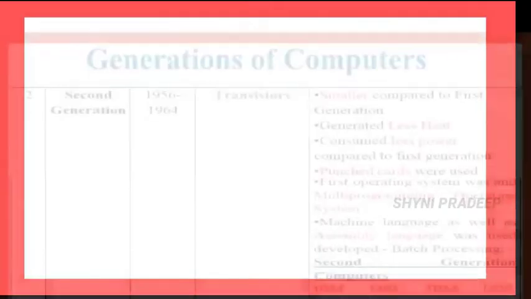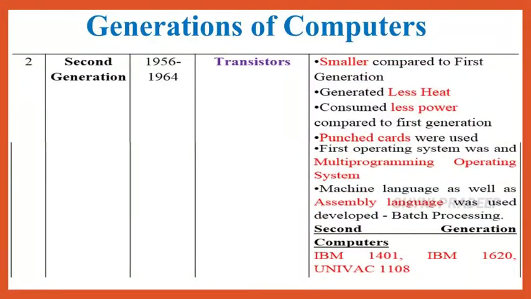Okay. And next let us see second generation. Its period is 1956 to 1964. The main component used: transistor. Its demerits and merits are: it is smaller compared to first generation. It produced less heat compared to first generation. It consumed less power compared to first generation.